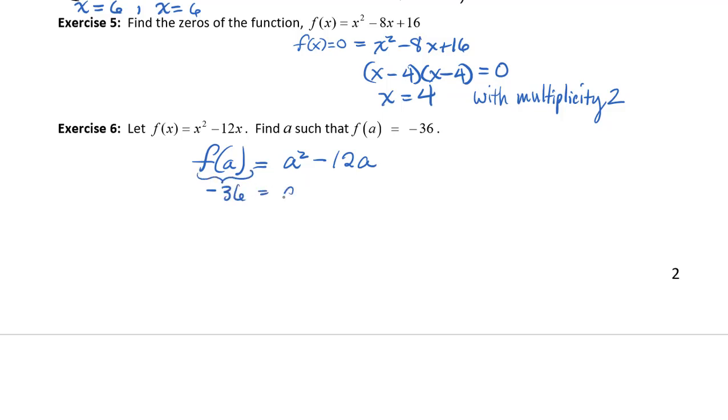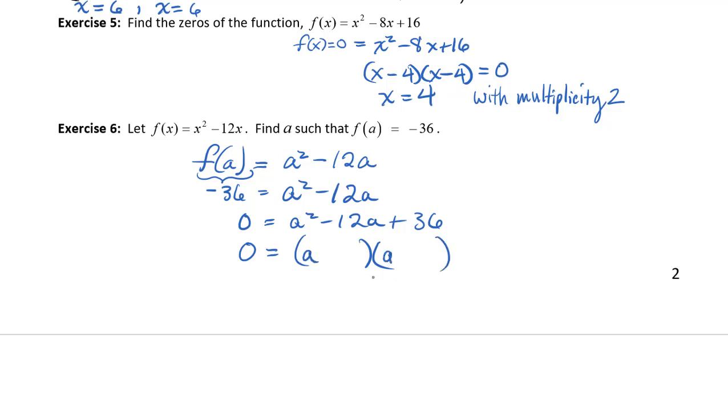That will be a squared minus 12a, that's what it's equal to. And then I need to set this equal to 0. So I'll have a squared minus 12a plus 36. This looks like a perfect square trinomial, so it factors to an a and an a, 6 and 6. My middle term is negative, so I'll have a minus minus. That means that a must equal 6 for this statement to be true.